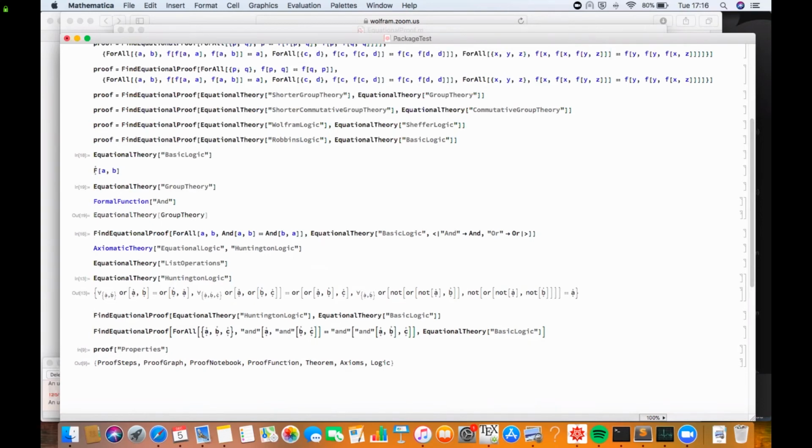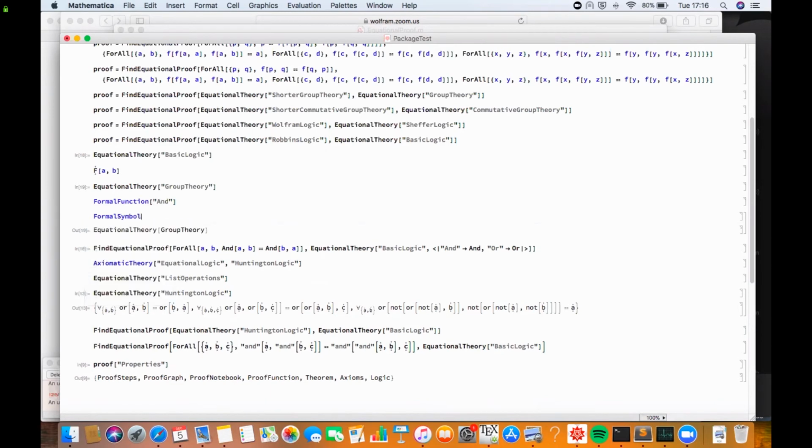I mean, we could be very obscure. We could call it axiomatic theory function. That seems extremely obscure. So let's write down the other case. The other case is formal symbol. Yeah, I was going to mention that. But I feel like conceptually it's confusing because it isn't a symbol.